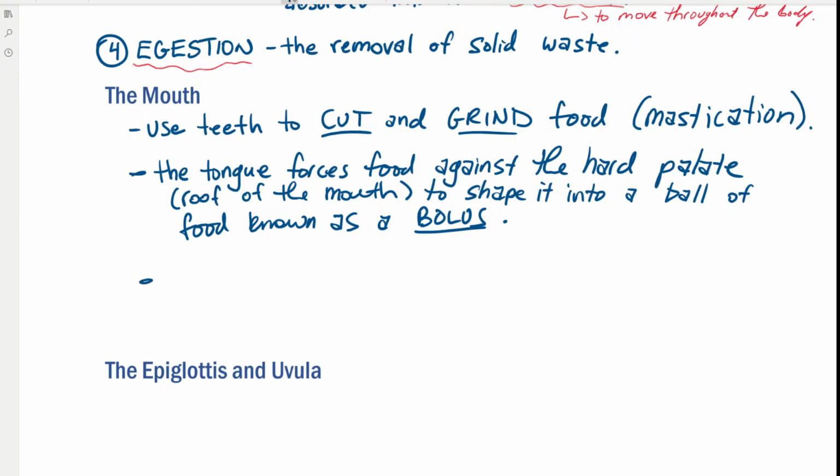And then finally, it's important to know what your saliva does. Of course, we all know what saliva is. Saliva is the fluid that is released by the salivary glands, which are found inside the mouth. But the question is, what does saliva do? Well, saliva moistens the food, which makes it easier to shape.